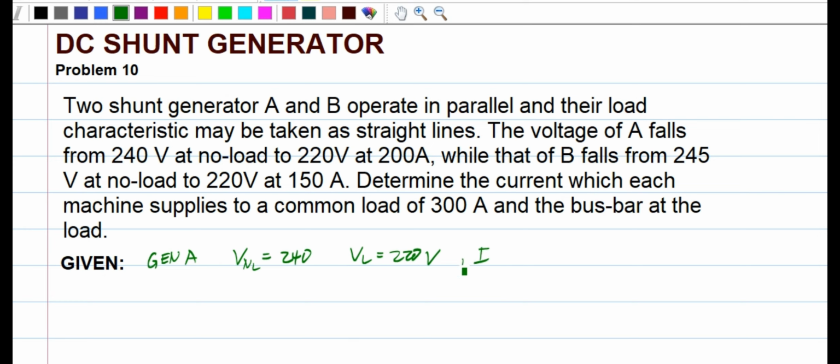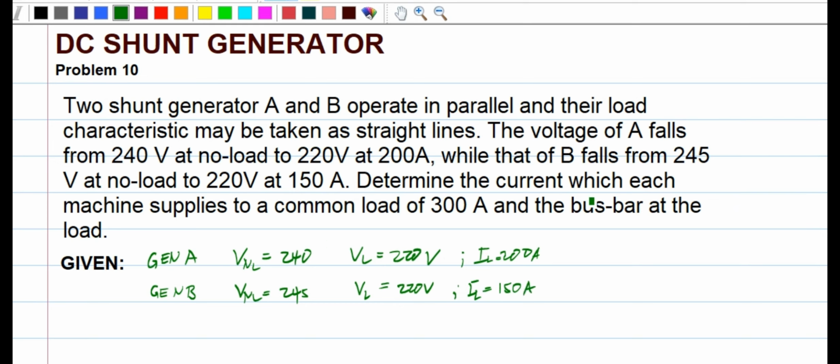The current is 200 amperes. For generator B, the no-load voltage is 245 volts, while at the bus bar with load we have 220 volts, and IL of 150 amps.